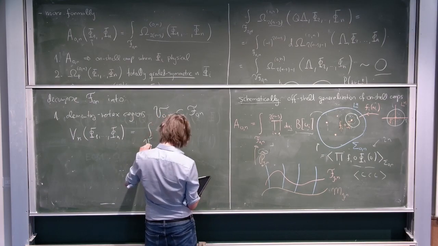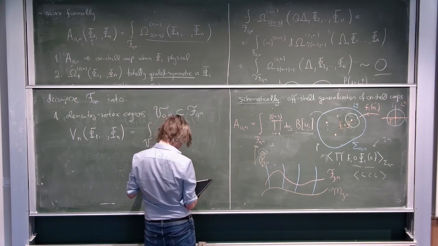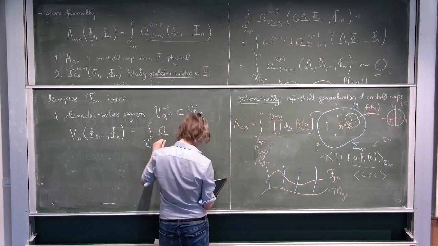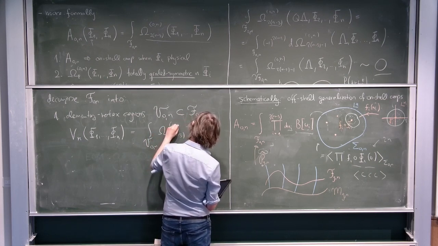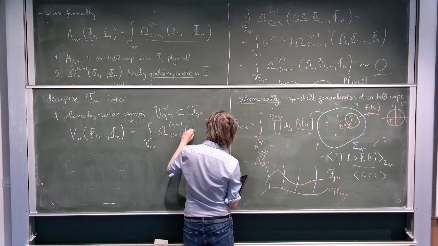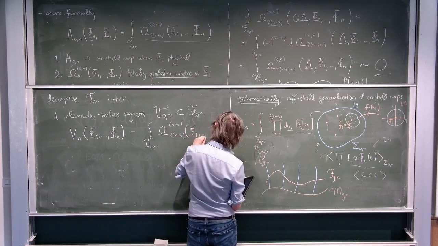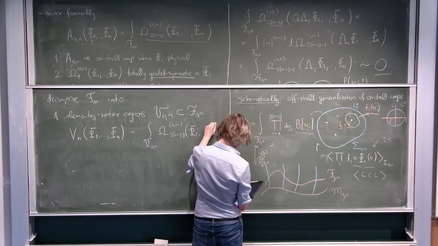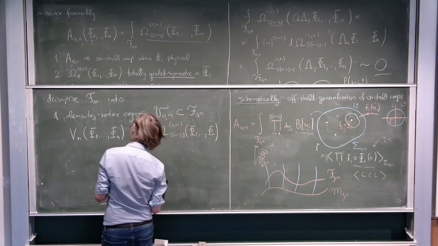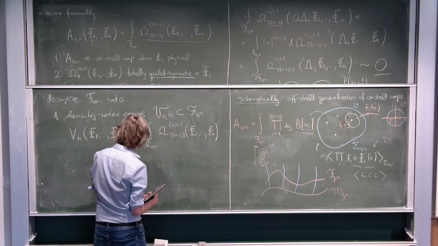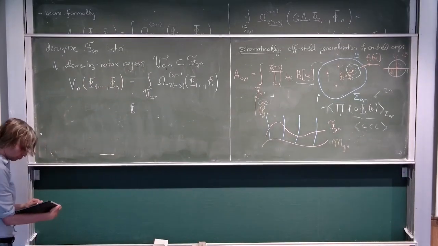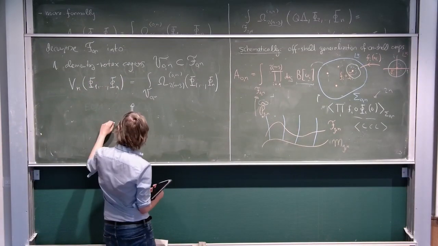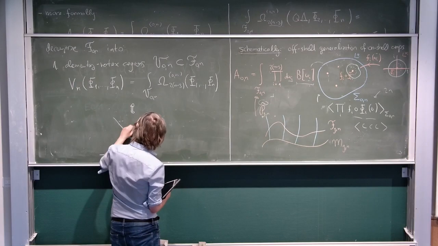And as I was saying, these are computed by restricting the integral to just V0n. And at the level of the Feynman diagrams, these are to be interpreted as elementary vertices.